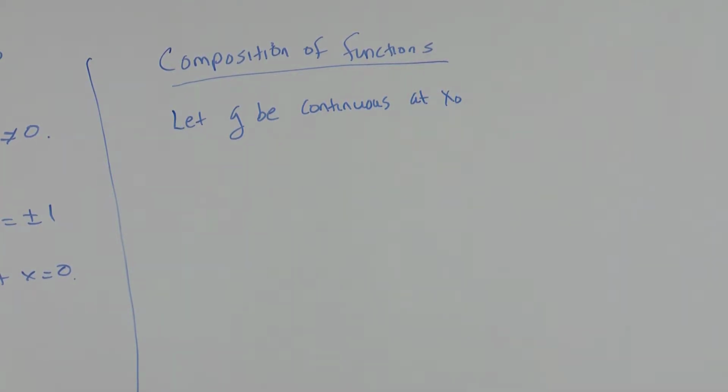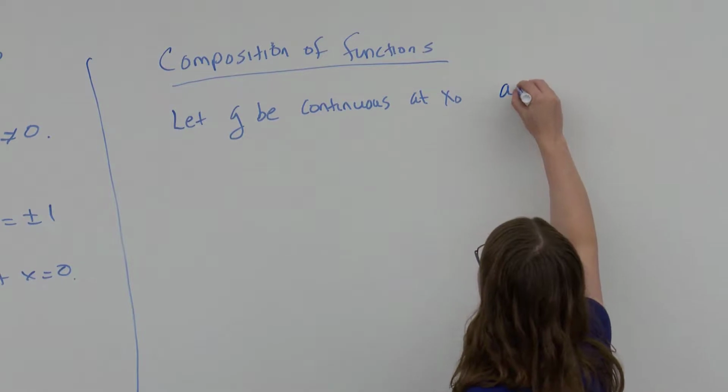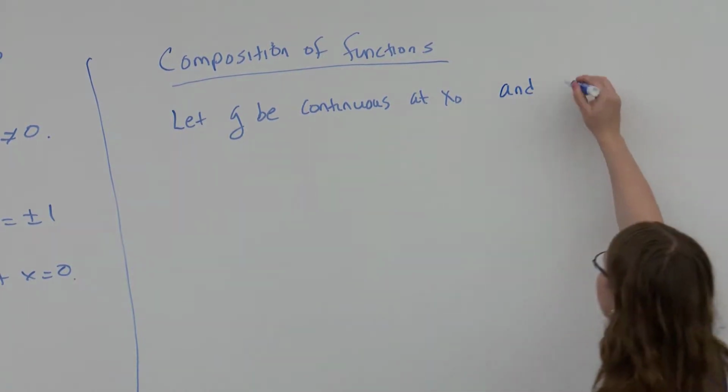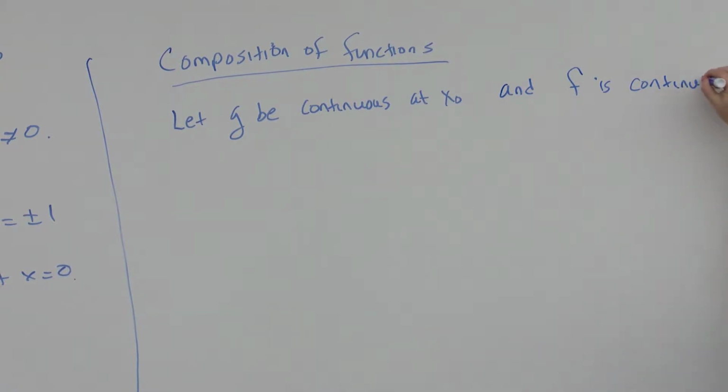What I want to do is stick a function inside another function and try to get something that's continuous. So I'm going to stick this function inside another function f. f is going to be continuous at g of x naught.